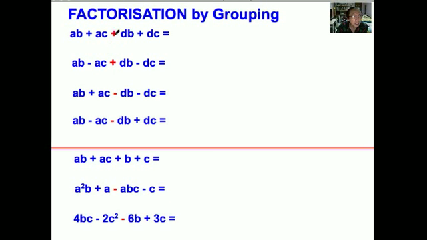In this case, the middle sign is positive. We factorize each group. The first group has a common factor of a. The sign in the middle is positive, so we bring it down. And in the second group, we have a common factor of d.